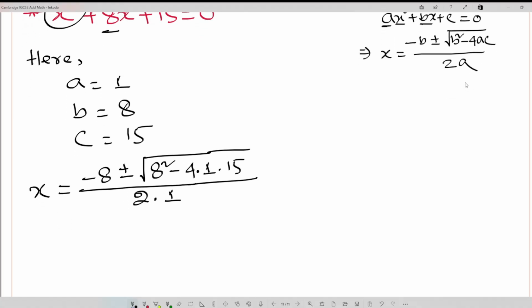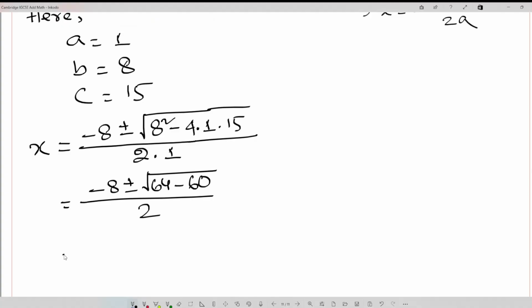Okay, next, here is minus 8, then plus or minus root of 8 square means 64 minus 4 times 15 is 60, 60 times 1 is 60, and 2 times 1 is 2. Okay, then minus 8 plus or minus root 64 minus 60 is 4, divided by 2.